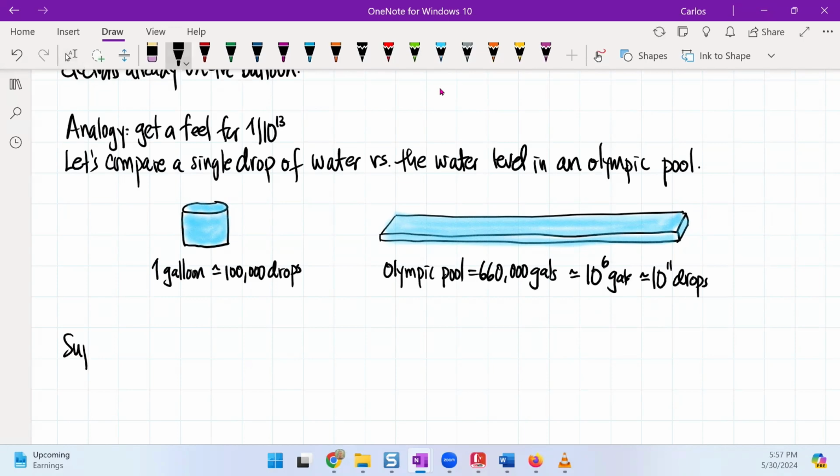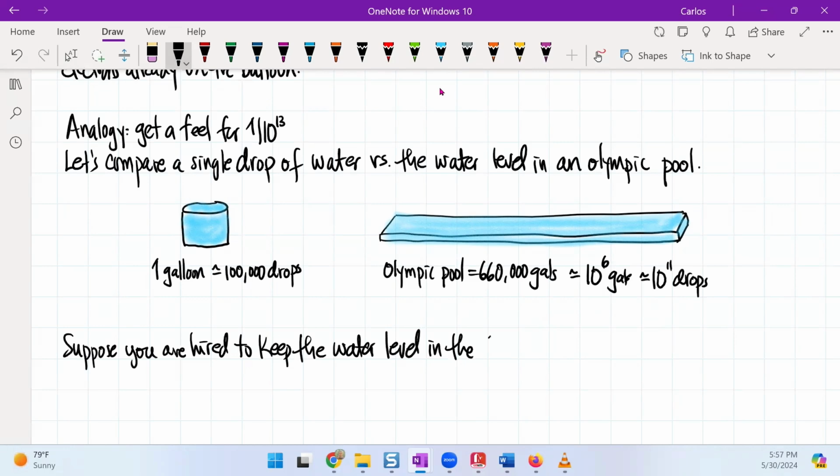Now, suppose you are hired to keep the water level in the Olympic pool to 100th of a drop.